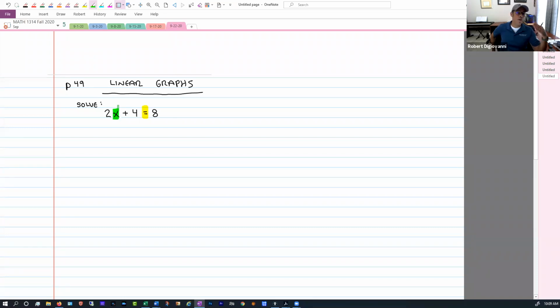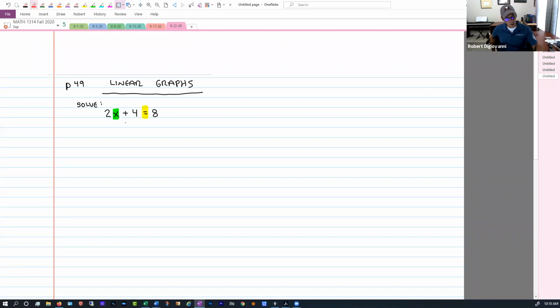So you would follow the procedure that we established a couple of weeks ago, which is: clear fractions and decimals, clear parentheses, collect like terms, isolate the variable, make sure that the coefficient on the variable is 1, right? All that should ring a bell somewhere.